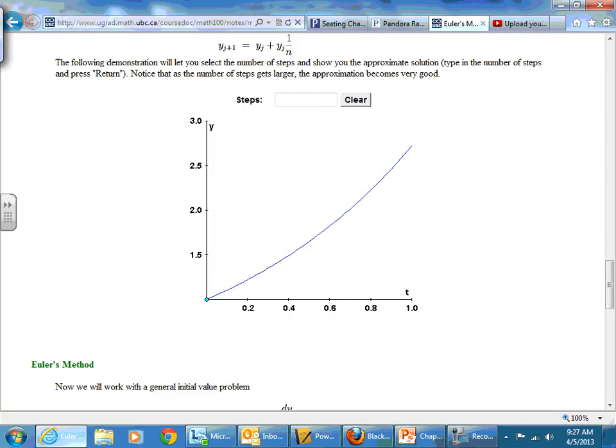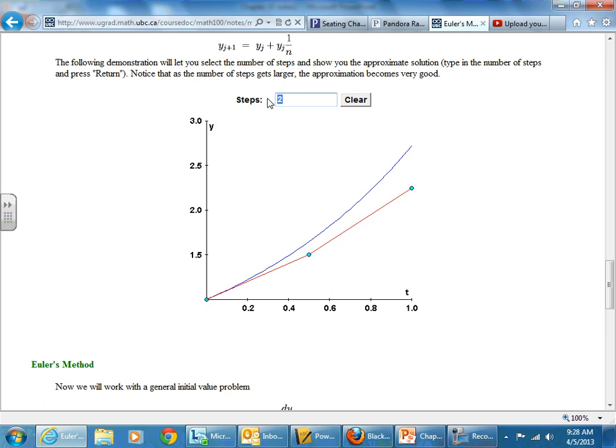So here, let's start. If that's the actual curve, let's see what Euler's would look like if we went from 0 to 1, and how many steps do you want to do first? Let's do 2, which means our delta x would be what? 0.5. So it would look like that.